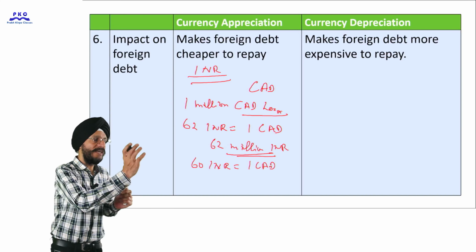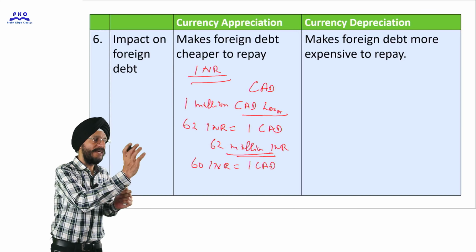Suppose it has depreciated by say 10%. That is, it will roughly come nearby about 91 Indian rupee. We are simply taking approximate figures.